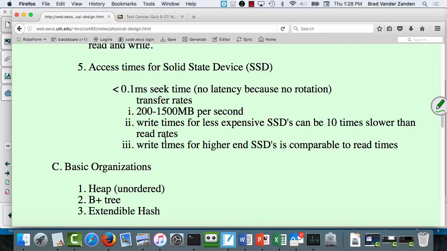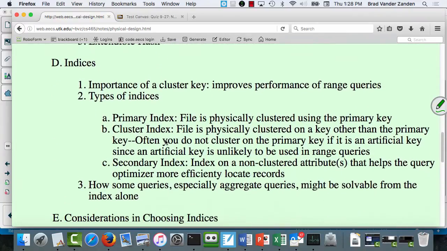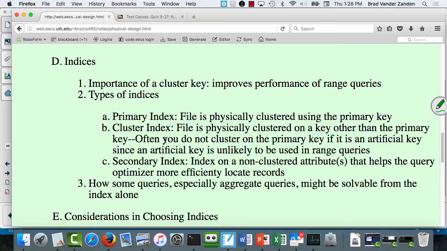Okay. Bottom line is we want to minimize the number of disk accesses. And we're willing to pay a hefty price to do that. So before we get to that, though, one way we can minimize disk accesses is to organize the file, to sort it, just like we do in main memory.